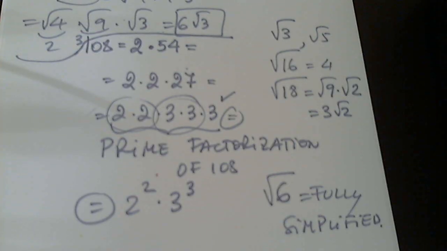Is this true? No. Why is it not true? Because we just looked at this number. The square root of 45 is the square root of 9 times 5, and the square root of 9 is not 9. The square root of 9 is 3. Is the statement true? Absolutely not. The statement is false.